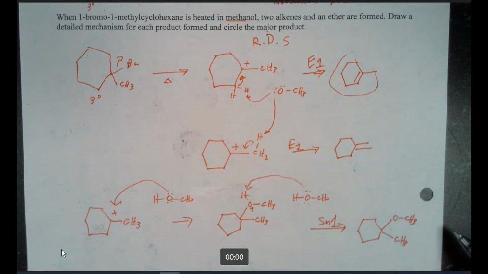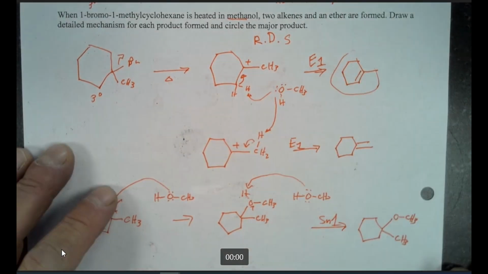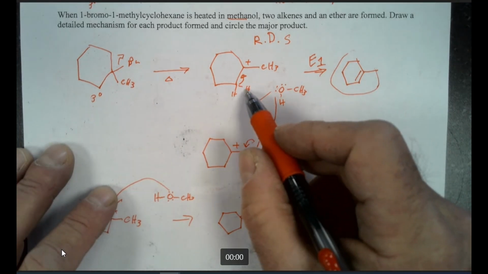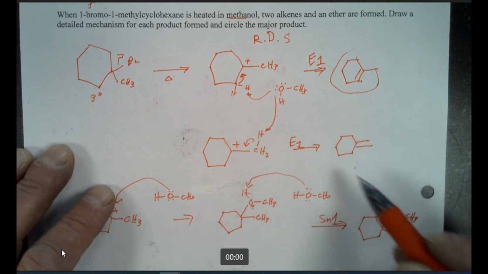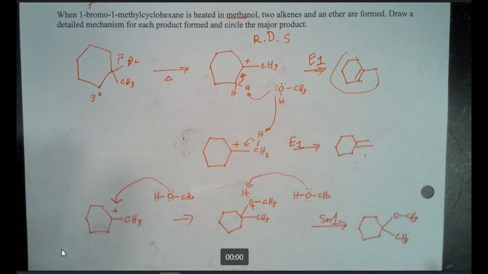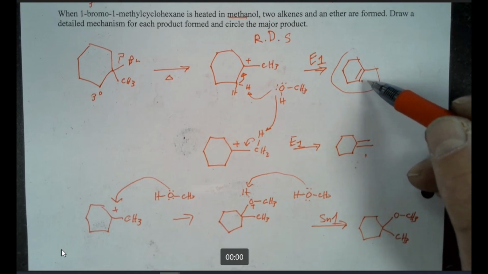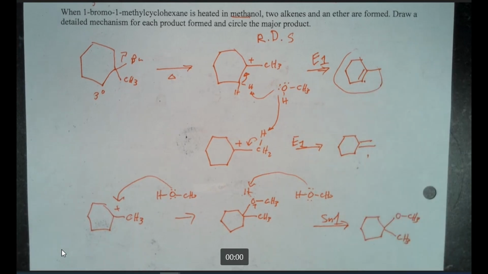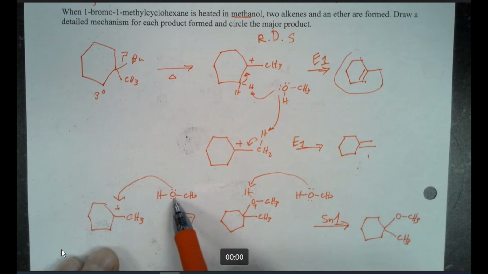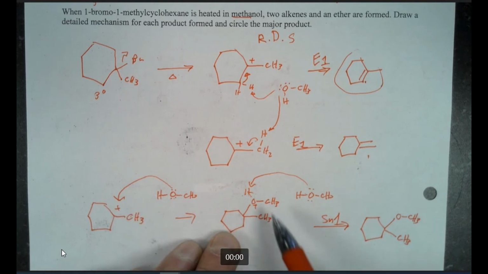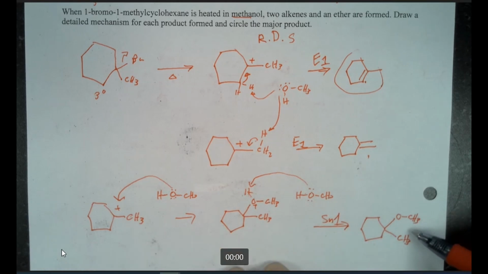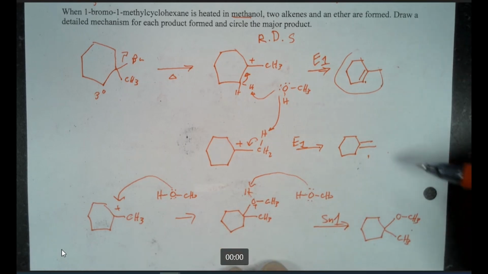Here's a carbocation. Methanol comes along, pulls that off. And when we pull it off here, we get Zaitsev's product. If we pull this one off, we'd get this product. We're going to get a whole lot more of this thing because of Zaitsev's rule. And then if this acts as a nucleophile, hits there, gets oxygen protonated, this comes off. So here's our ether, and here are our two alkenes.